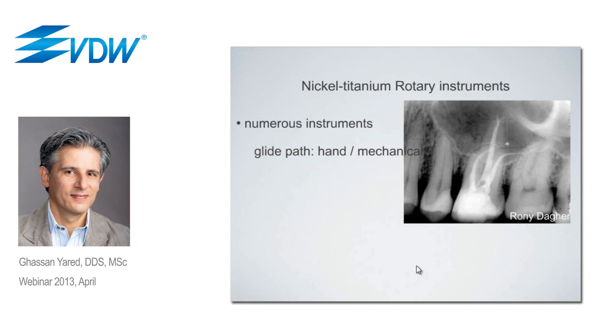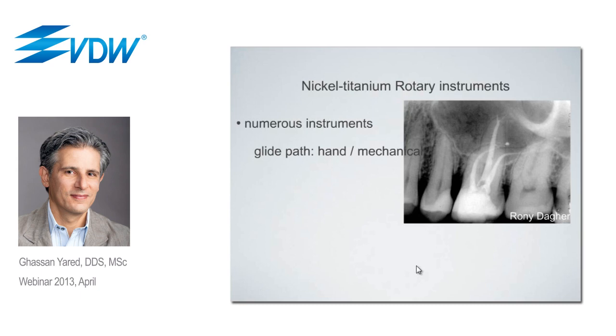In this case also, Dr. Dagger had to create a glide path. He had to use here files number 8, 10, and 15 to the working length. He had also to use a hand file number 20 to where the curvature starts.